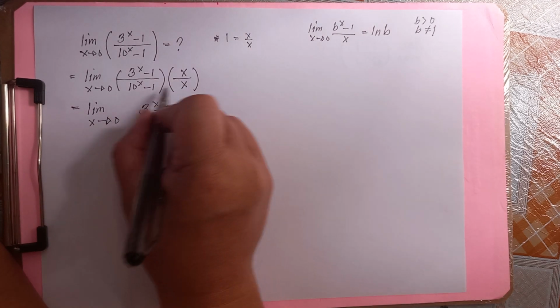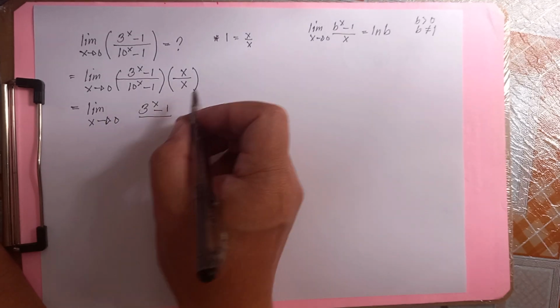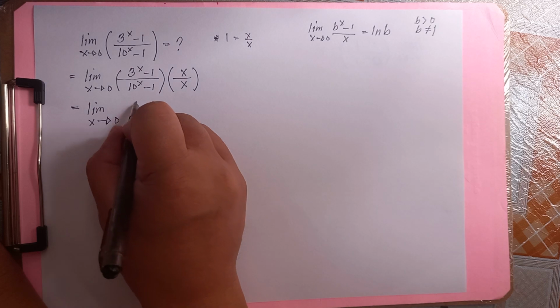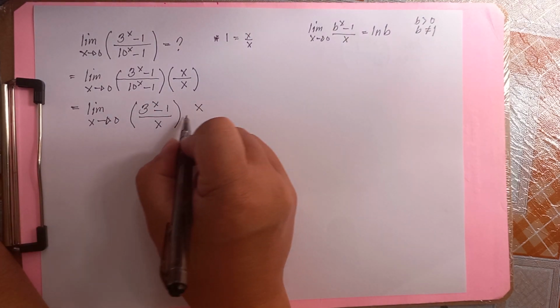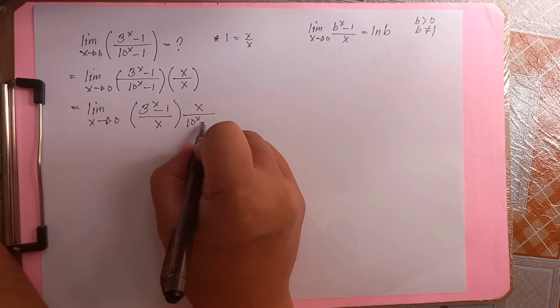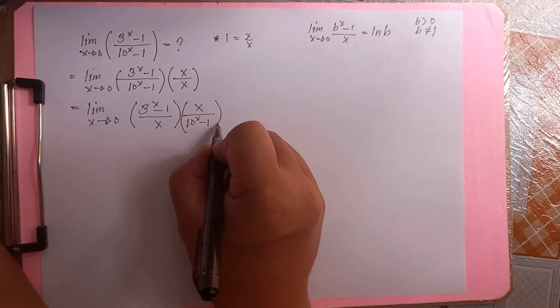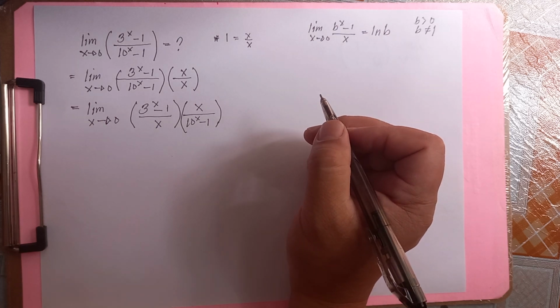You can interchange this denominator; anyway, they are in product form, so it will never change the problem. And the other one is x over 10 raised to x minus 1. So that is now the resulting limit product of the limits that we have.